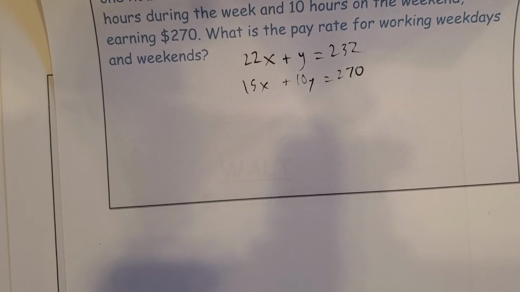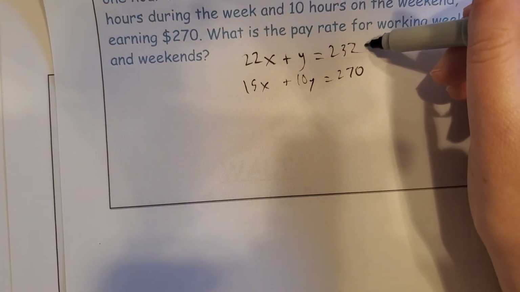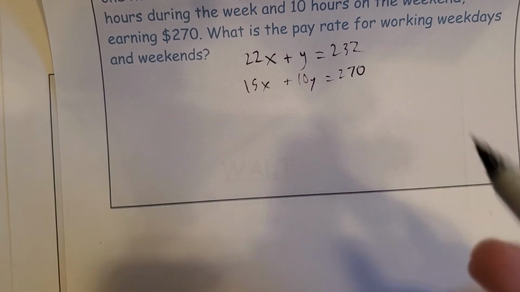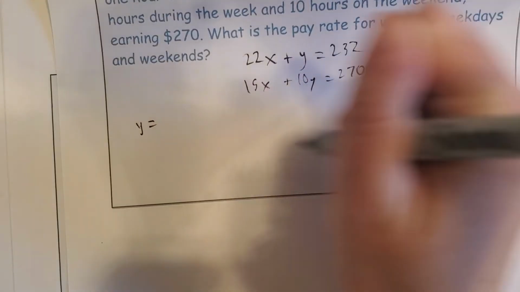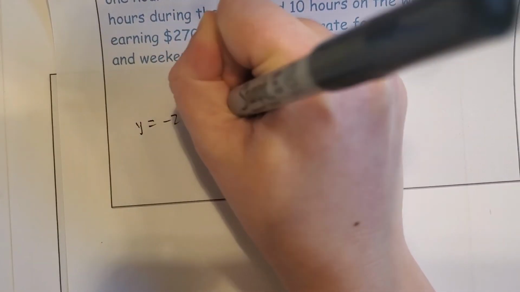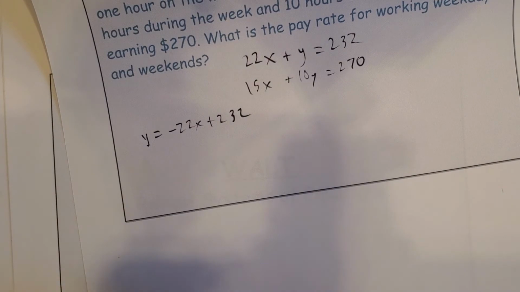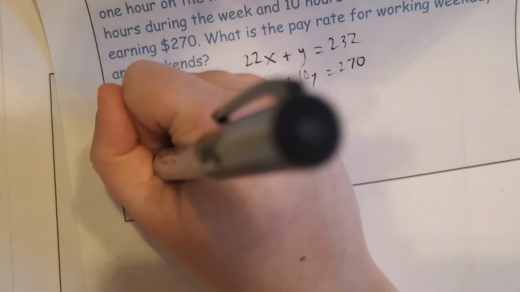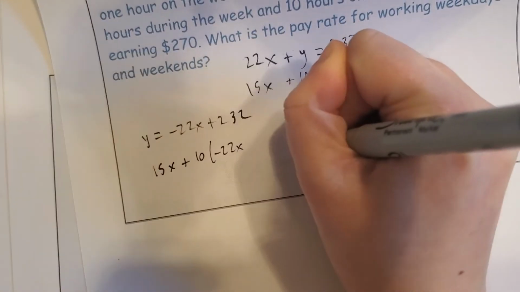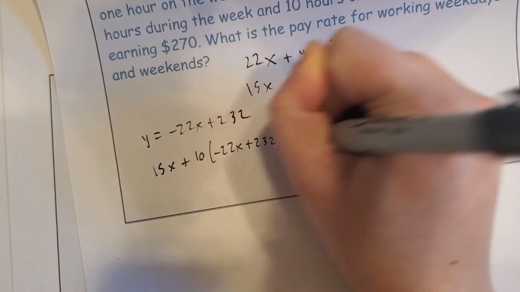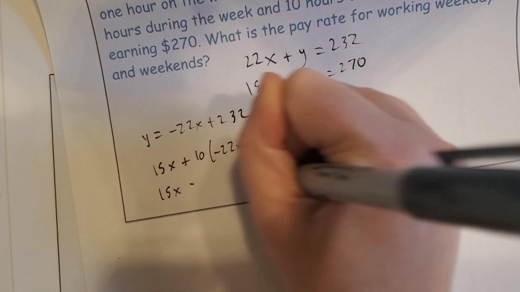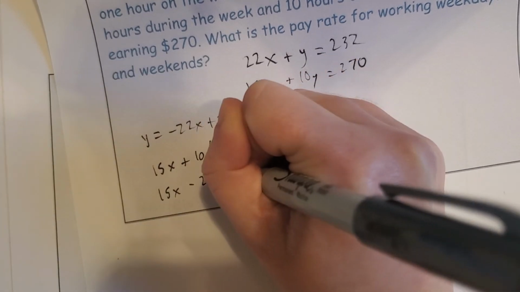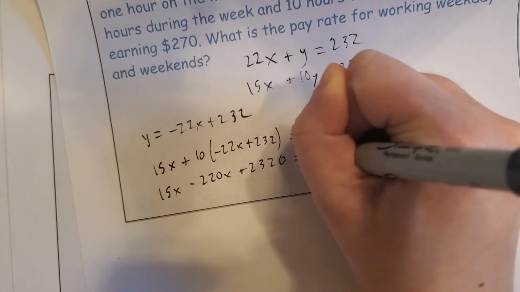It is possible to solve this one using substitution because this first equation is pretty easy to solve for y. You would just subtract 22x from both sides. So y is equal to negative 22x plus 232. And then we're going to plug this into the second equation for y. So this is 220x, 2320.